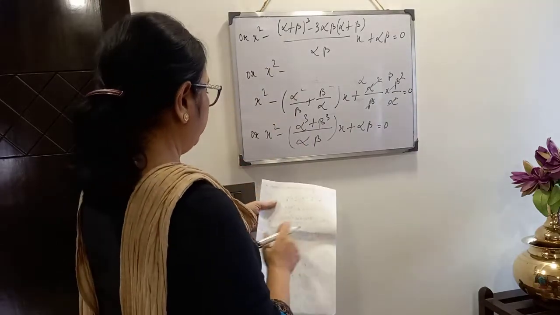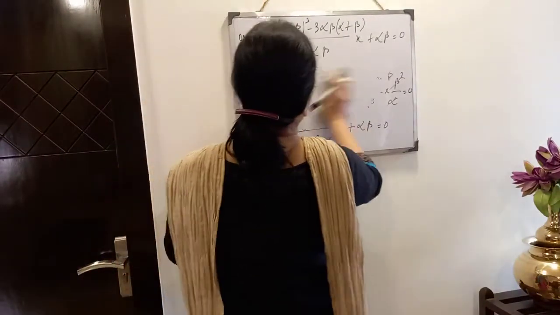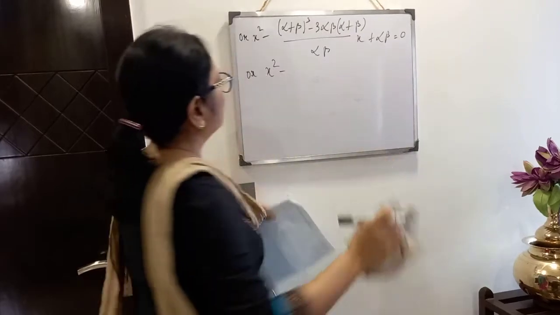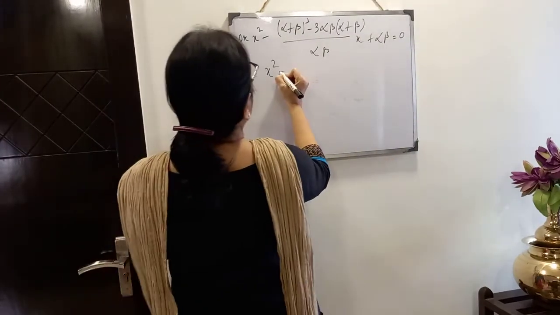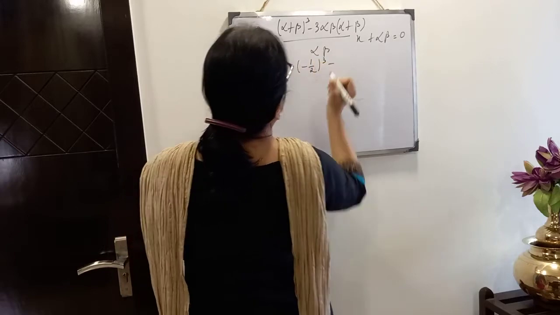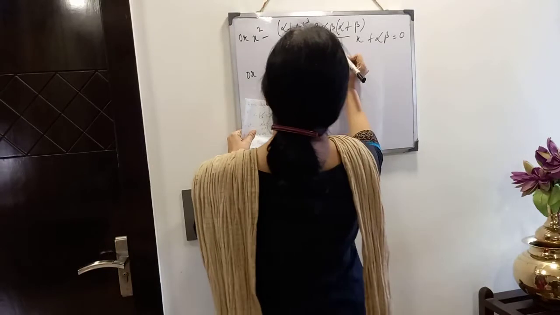Alpha plus beta is minus 1 by 2. And alpha beta half.